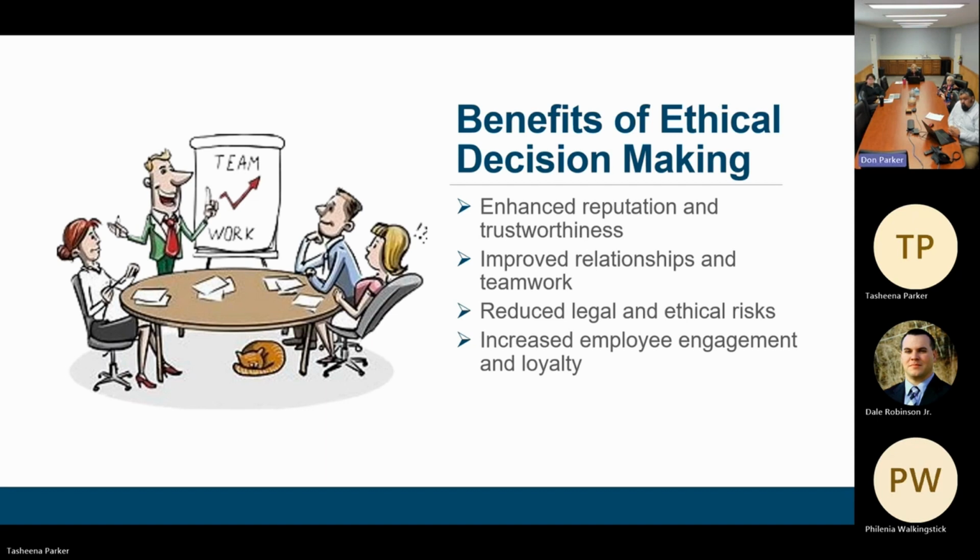Reduce legal and ethical risks. By considering the moral implications of actions and adhering to legal and regulatory requirements, individuals and organizations can avoid costly legal disputes, reputation damage, and potential financial penalties. Increased employee engagement and loyalty.